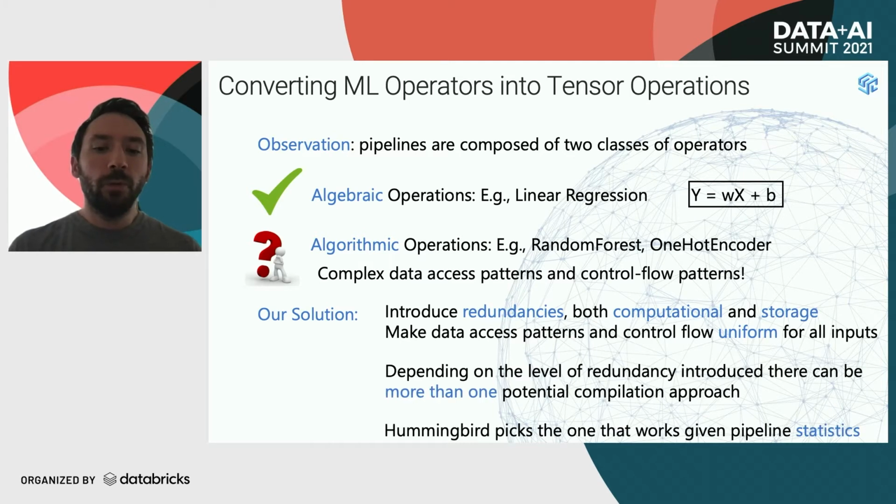And while we do this, we try to have different implementations for each of these operations, such that we can target a specific implementation based on the statistics of the trained algorithm. I imagine that this looks a little bit too high level, so let me go over an example with you.